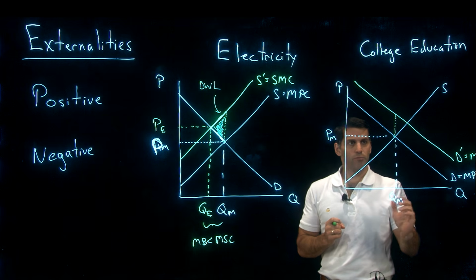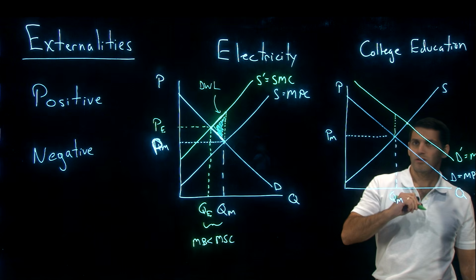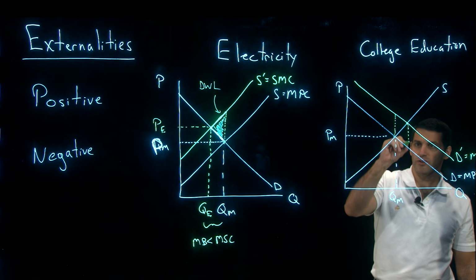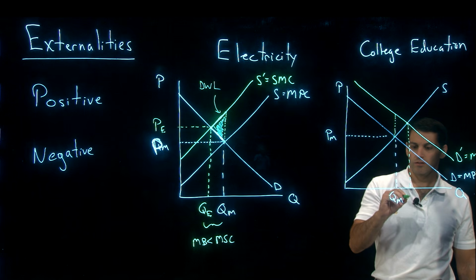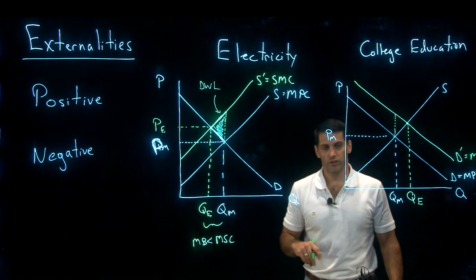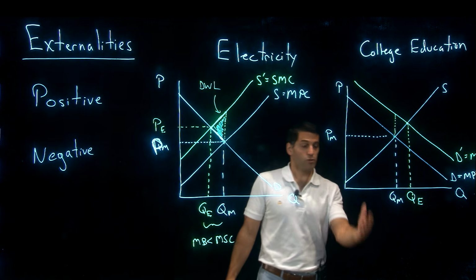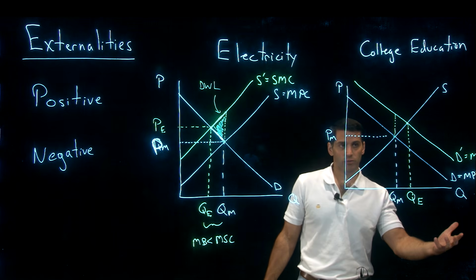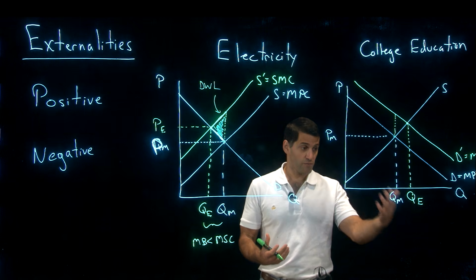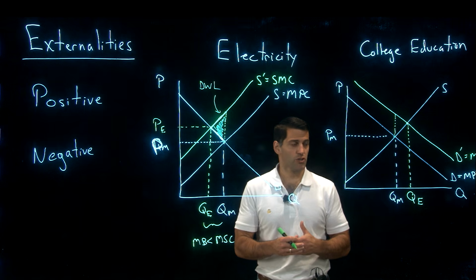And so what are we seeing here? Well, we see a couple things. Our new equilibrium is now here. We should be producing QE. If we think about this as the number of people every year who are getting a college degree, too few people are going to college because we're not factoring in the value to the rest of society when each individual gets a college education.